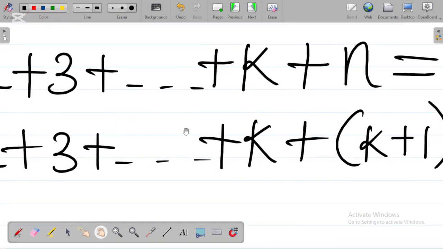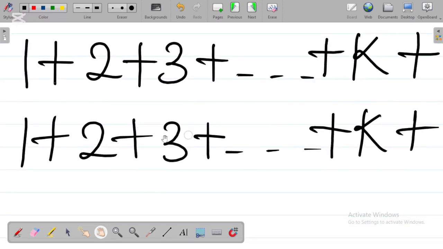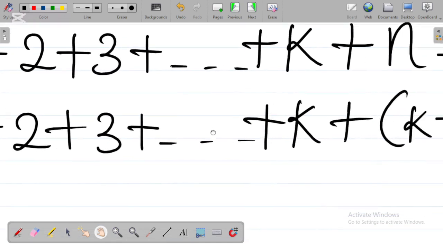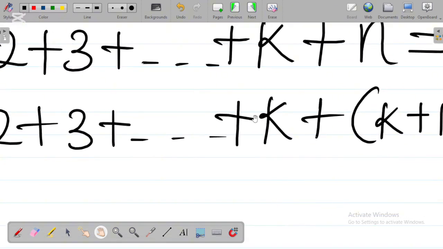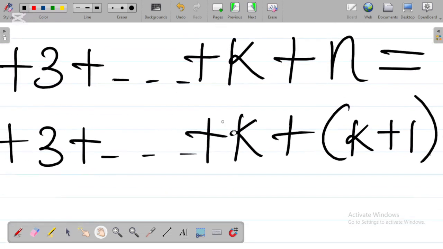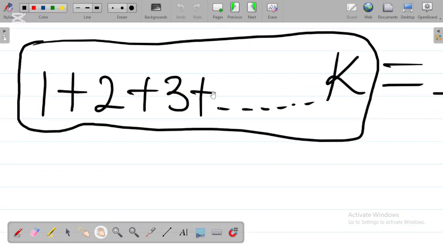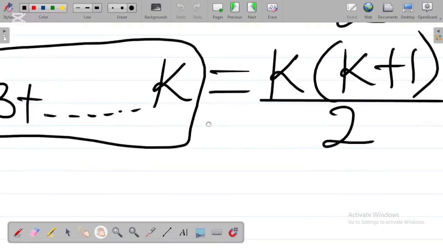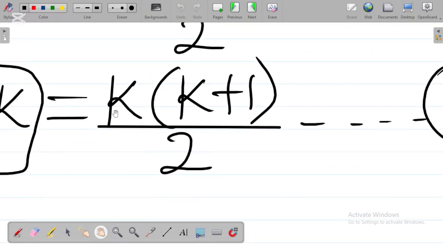Now, recall that 1 plus 2 plus 3 plus ... plus k from equation 1. Okay, now recall that 1 plus 2 plus 3 plus ... plus k is equal to k open bracket k plus 1 all divided by 2.